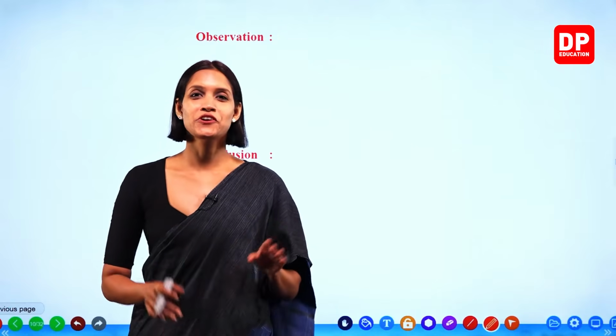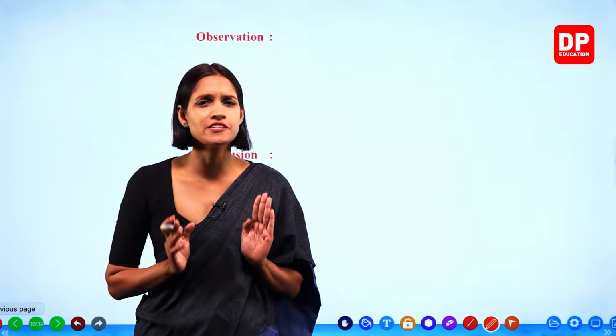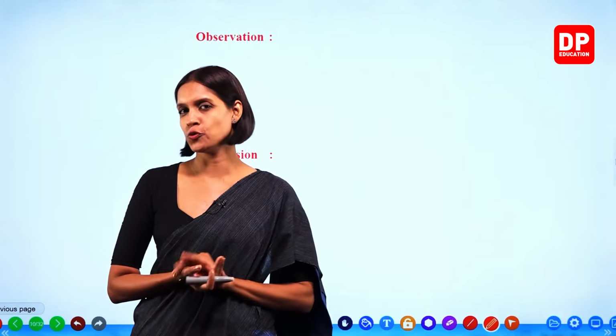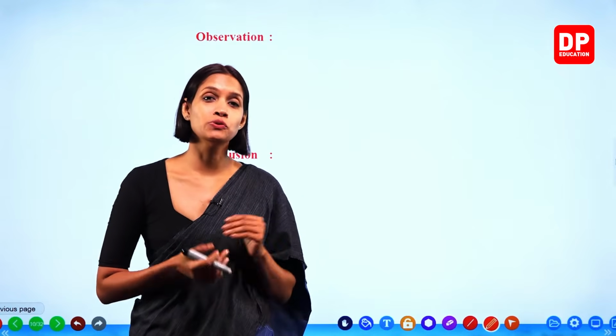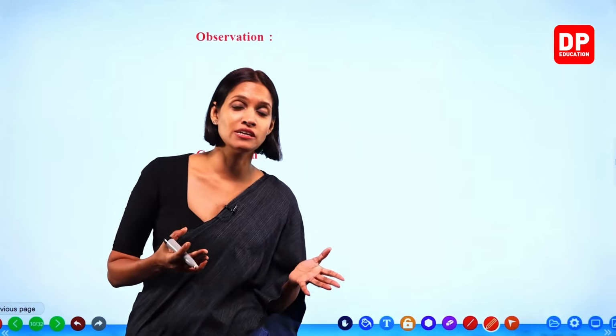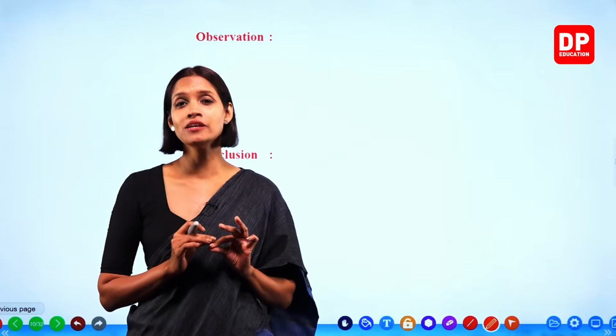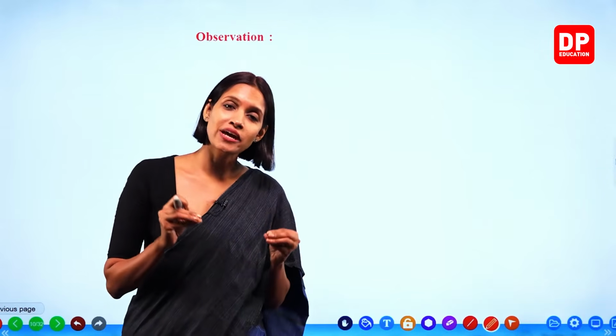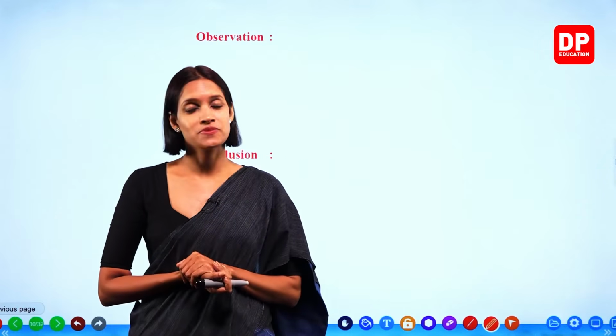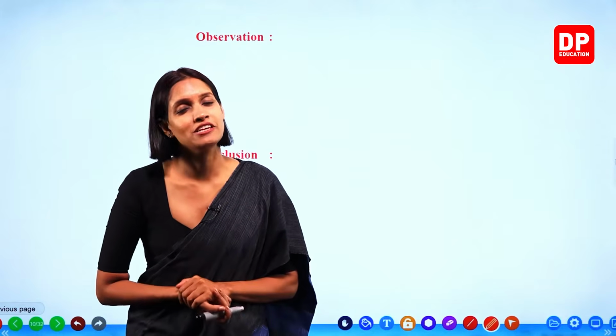Right, children? So you all observed what happened. Now this activity you all can do even at home, right? Even though you don't have the exact same things, beakers or any other laboratory equipment, with whatever you can find, you can make these two setups and you can do this activity even at home.